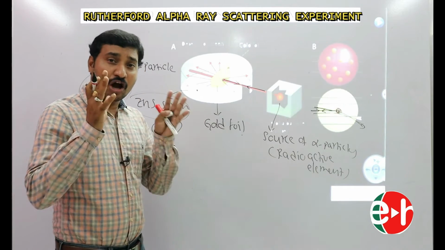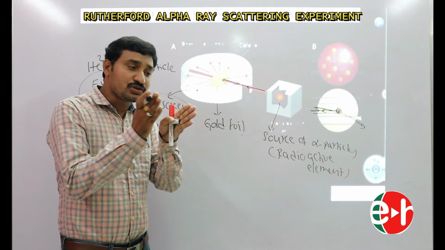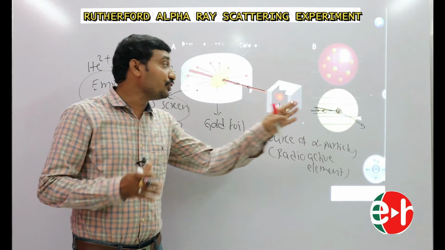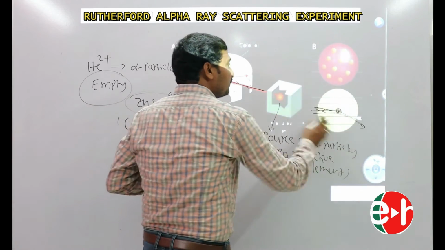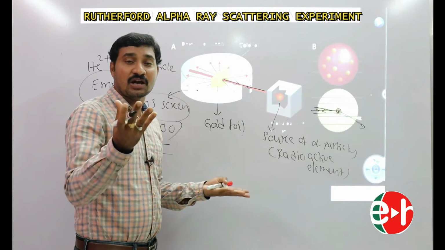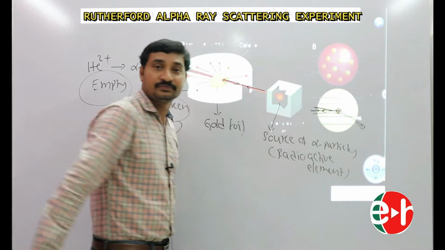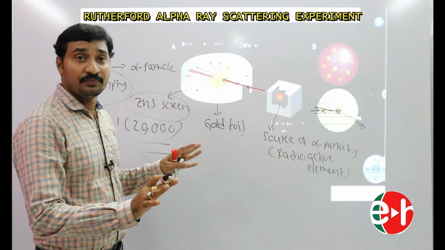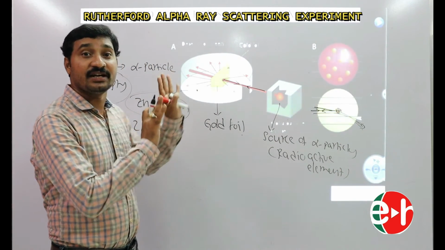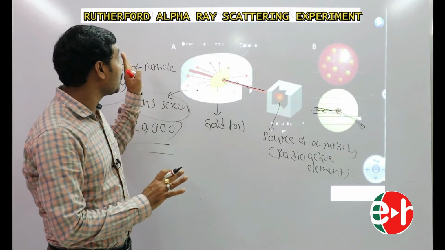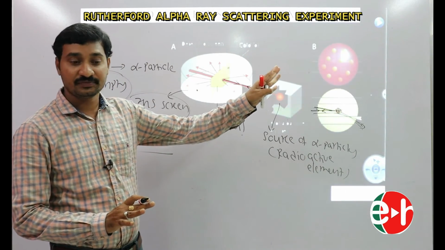That means the mass of the atom is almost equal to the mass of the nucleus. Why? Because most of the space is empty, so almost all the mass is concentrated in the nucleus. So these are the observations and conclusions of the Rutherford alpha ray scattering experiment.